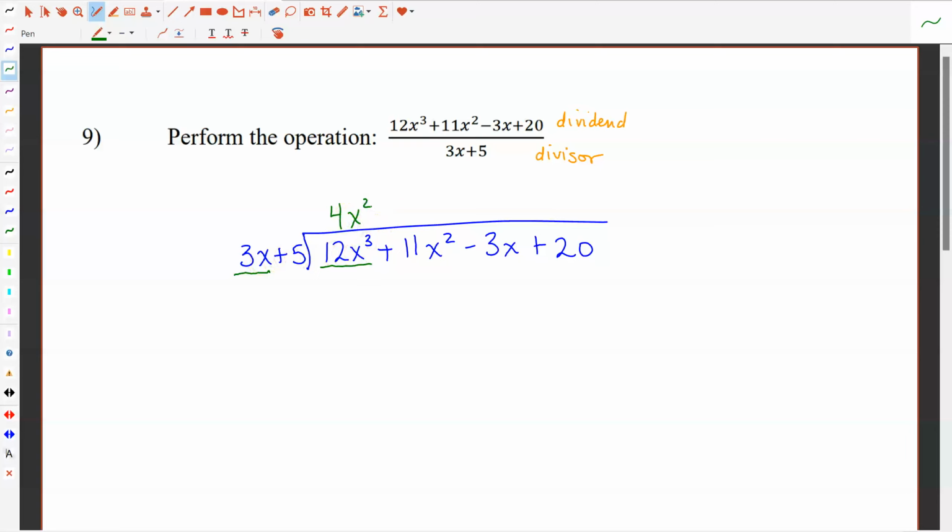So that 4x squared goes above the line. I'm going to take the 4x squared, multiply it by everybody on the outside, and write it on the line underneath, putting my like terms together. So 4x squared times 3x is 12x cubed. And then 4x squared times positive 5 would be plus 20x squared.